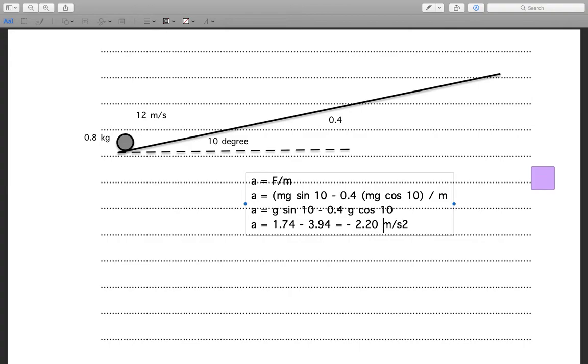Why negative? Because they have frictional force. Oh, I forget, we don't know about the direction. About the direction, here is plus, here is plus, here also plus.